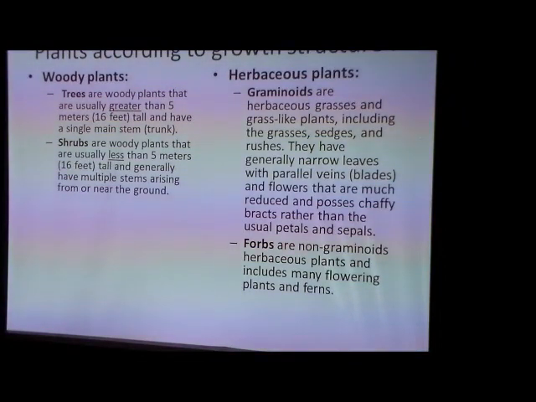So, forbs. We'll go into forbs. Forbs is what most people want to talk about, trees and forbs. Few people want to talk about shrubs, except because of huckleberries, and they want to know what berry is out there.